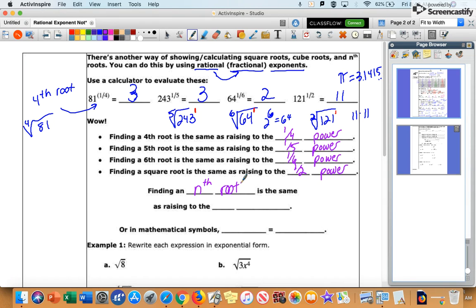You can use that idea of the nth root, so whatever your root is, let's call it n, and x just stands for whatever number you have. What times itself n times is equal to that number? Well, that's the same thing as taking it to the 1/n power.